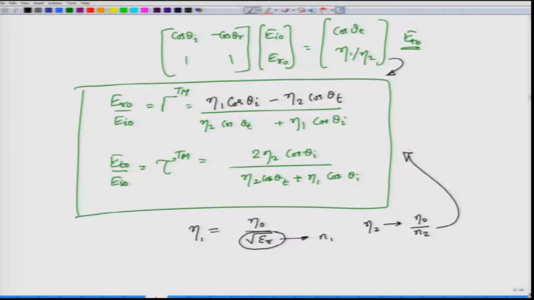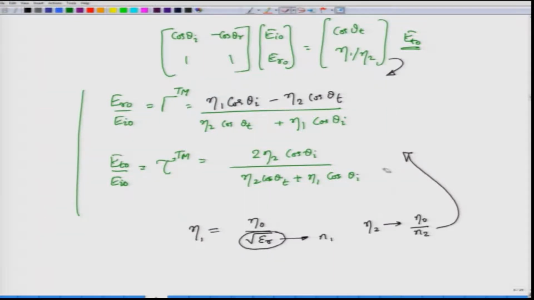So, I will do that simplification right here after hopefully erasing this. Yeah, I erased this box here. Now, I am going to replace this one. So, this expression will be cos theta I divided by n1, because eta 1 is proportional to 1 over n1, and because there is a proportionality constant eta 0 which would appear both in the numerator and in the denominator, that can be taken as a common factor and cancelled out.